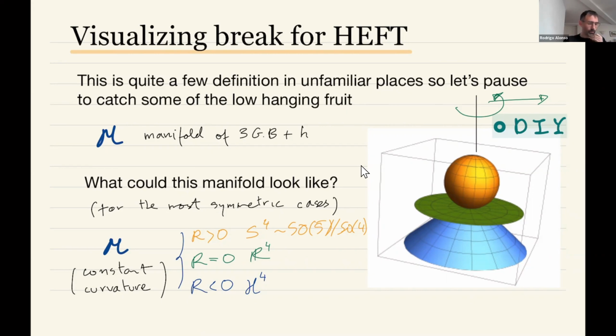I haven't made it more explicit, and I won't have time to, but you can, for example, in one of the exercises that I suggest, take this breaking pattern, use our CCWZ procedure that we outlined, which works for any group, so we can use it for these groups in particular, and obtain the metric in this 4D space in terms of sines and cosines. I do encourage you to do it. It's outlined in the notes. In that sense, this hyperbolic case will come from the breaking SO(1,4) to SO4.